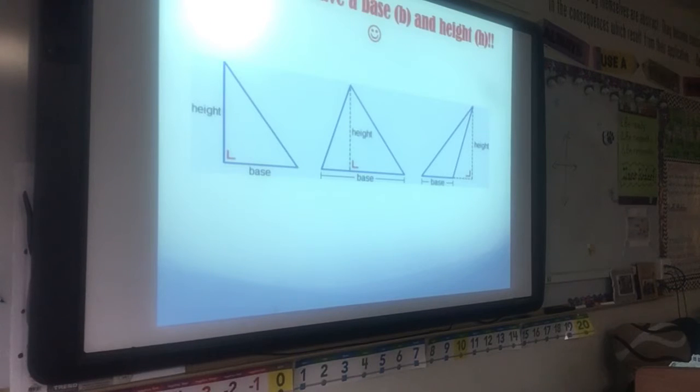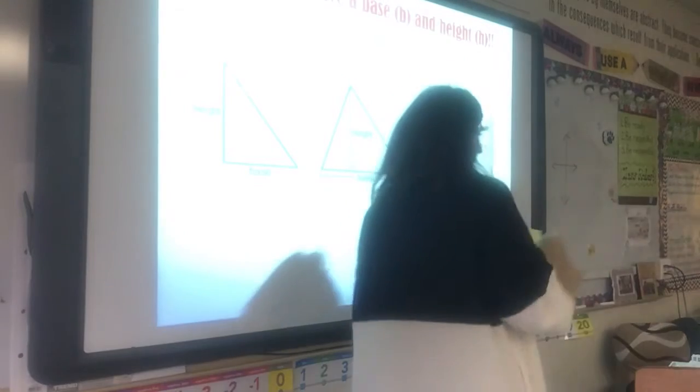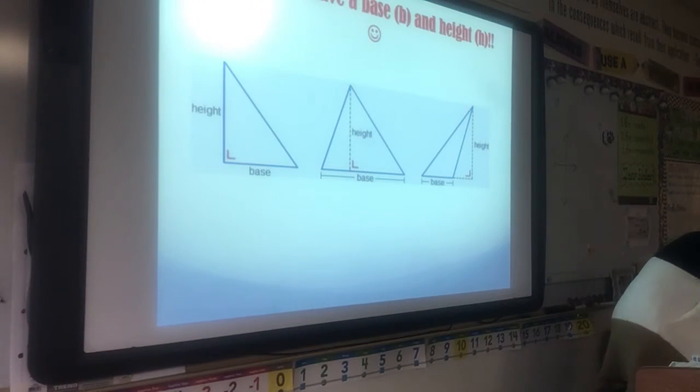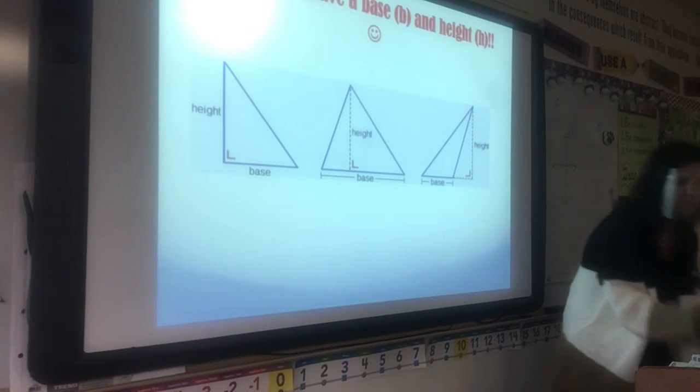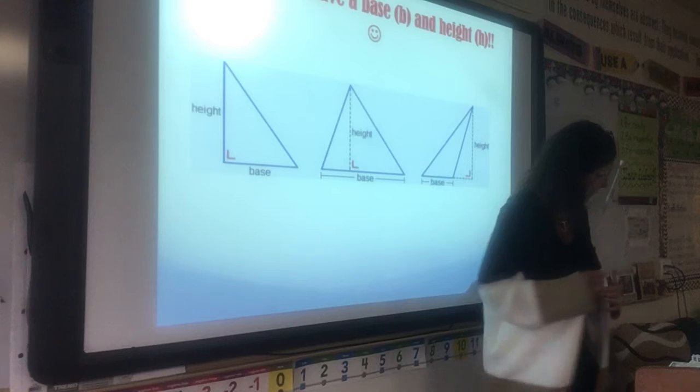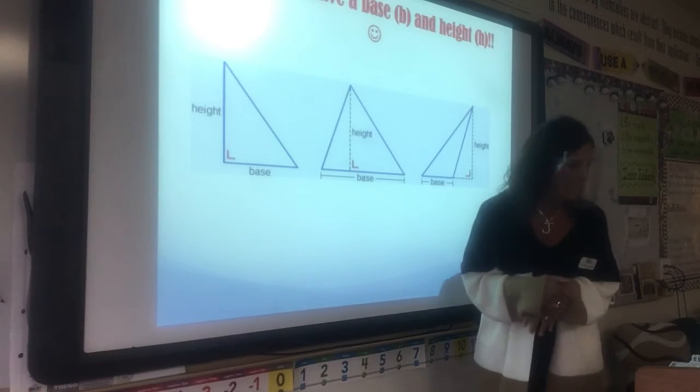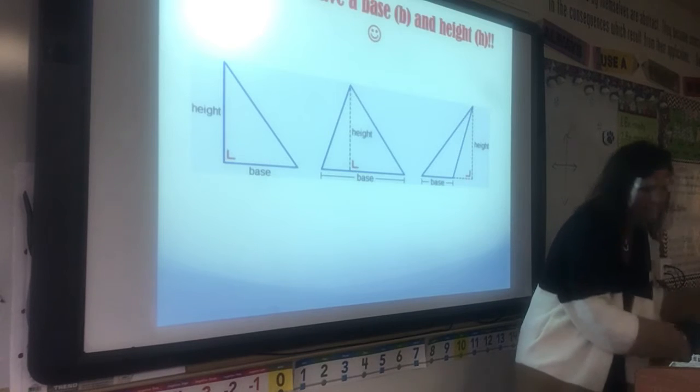So all you're doing is just cutting off the border, and that's just so it'll fit. Okay, and don't glue it yet. We'll write on it first, and then we'll glue it in after we write on it. Okay, so this is just going to be some examples of base and height, so you've got some in your composition book, and then we'll look at these and see if we can figure out where the base and height would be.